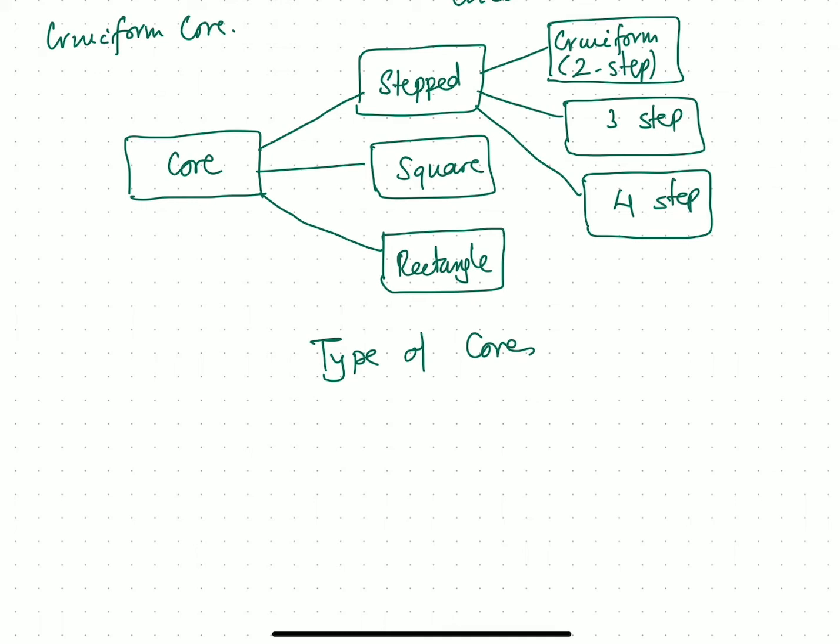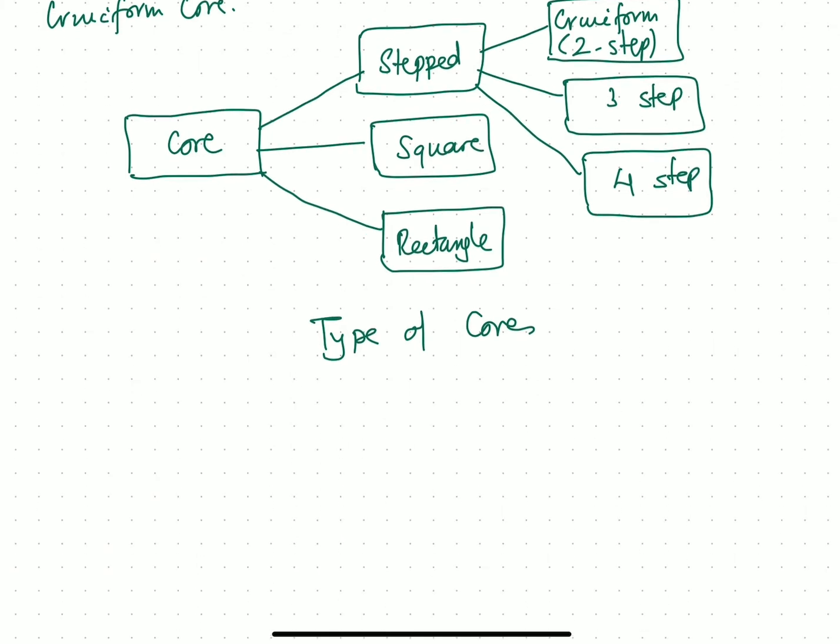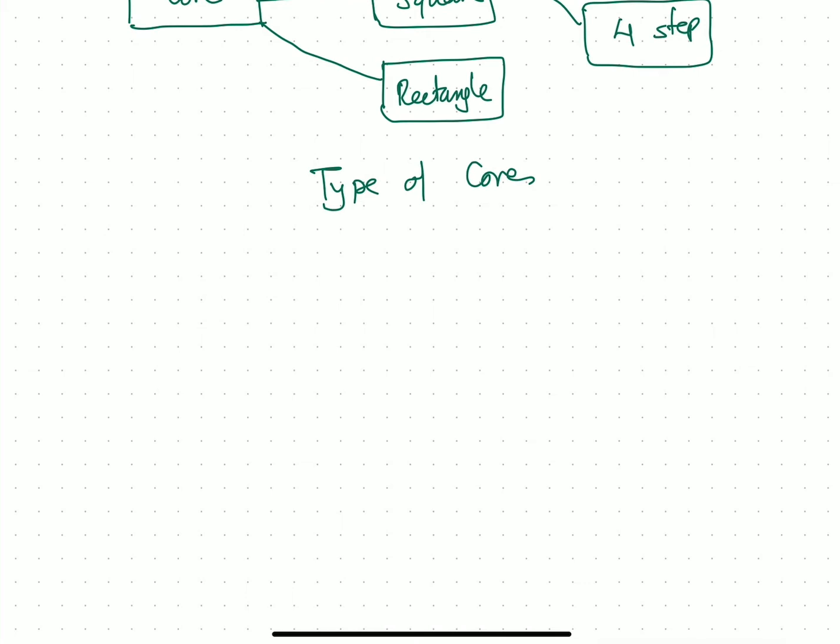So let me draw this for you. If we have a rectangle like this, if these are the laminations, right? There's a circle that goes around this.